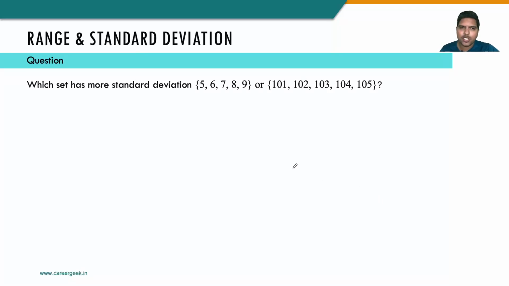We'll solve some questions. Which set has more standard deviation? First step is always the mean. You can pause and find the mean values. You will get 7 and 103.